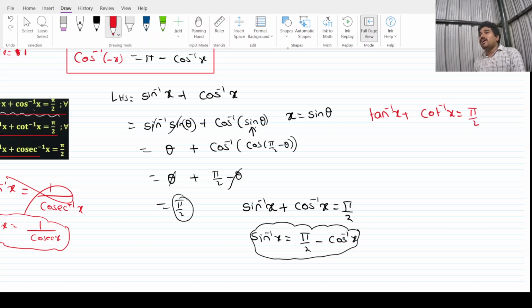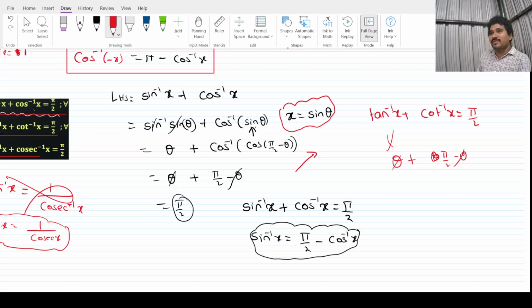How? The same way as I chose x is equal to sin theta, here I will choose x is equal to tan theta. I will substitute, tan cancels and theta comes. Here pi by 2 minus theta comes, minus theta plus theta cancel, pi by 2. The same way. Clear? But more than the proof, I want you to just remember this.